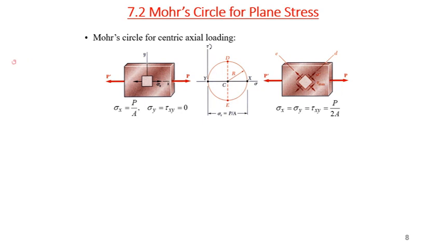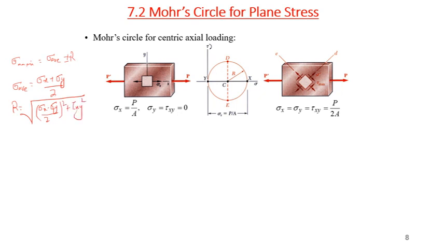We know that sigma max and minimum is equal to sigma average plus minus radius, and sigma average we know is equal to sigma x plus sigma y divided by 2, and the radius is equal to the square root of sigma x minus sigma y divided by 2 squared plus tau xy squared.